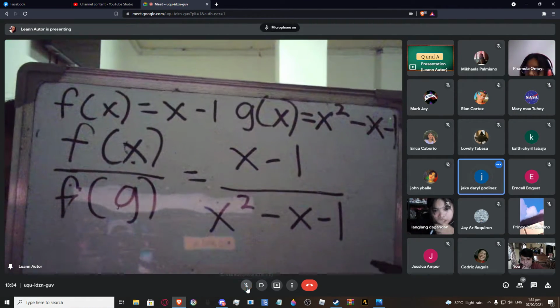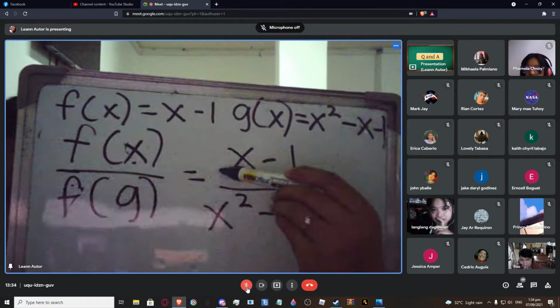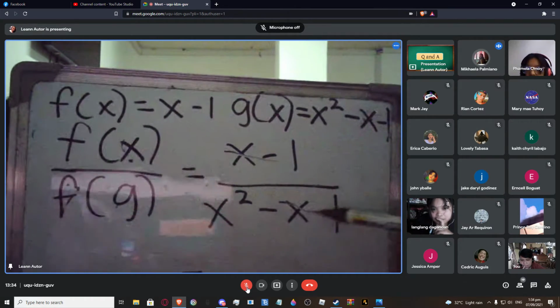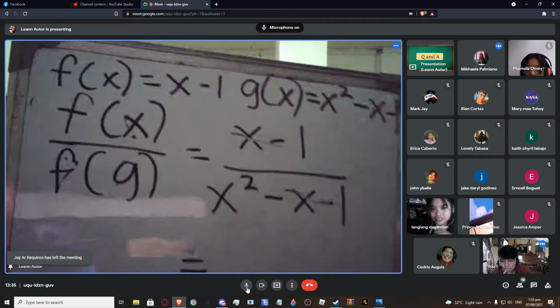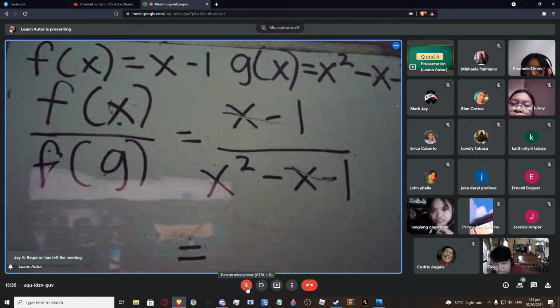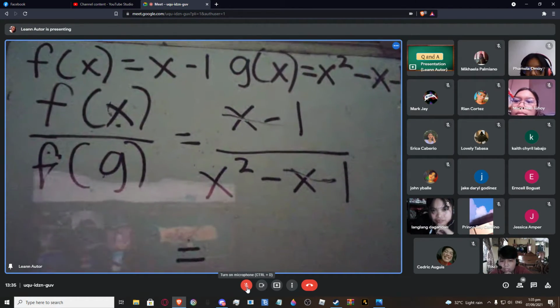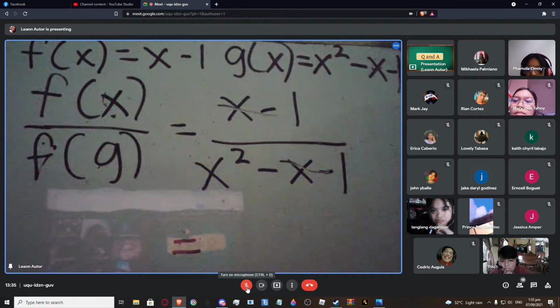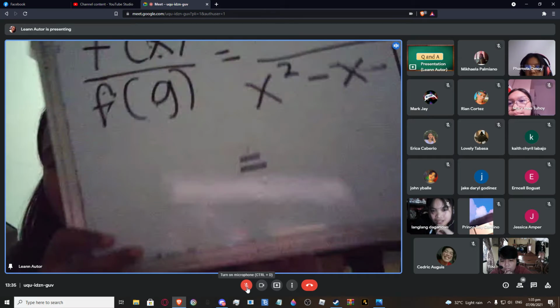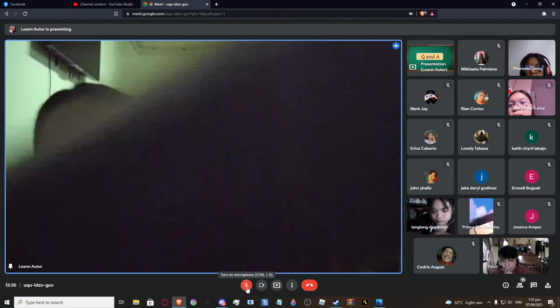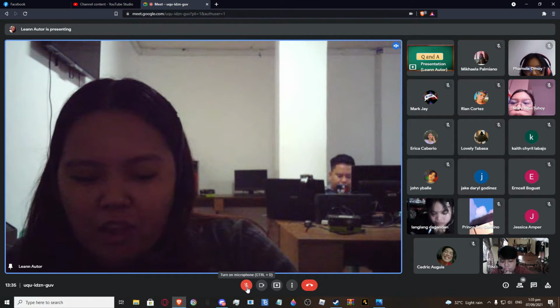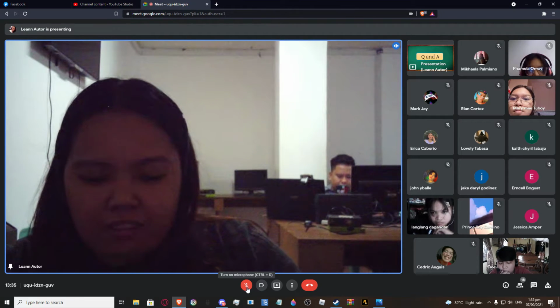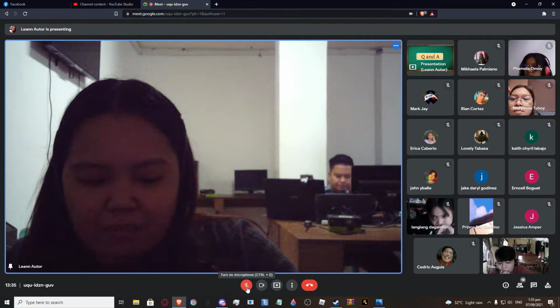What remains in the numerator? Negative 1, or none. So if you cancel, the result becomes 1 over x squared minus 1.